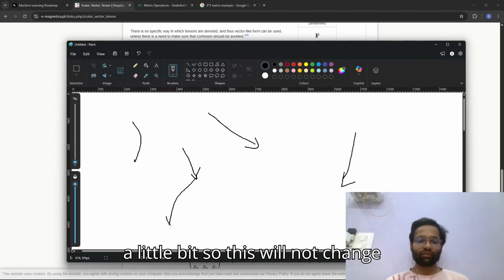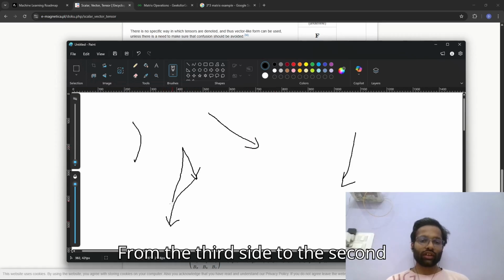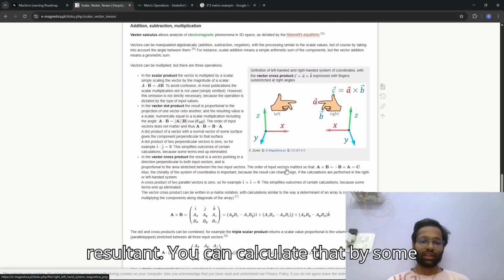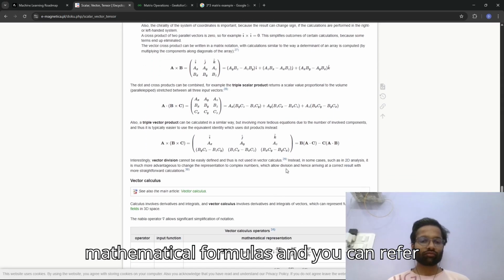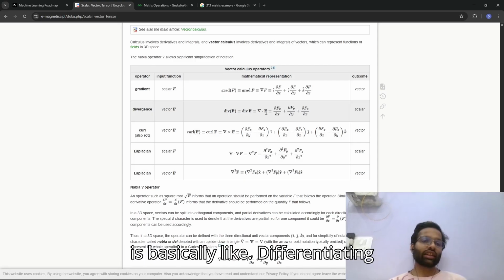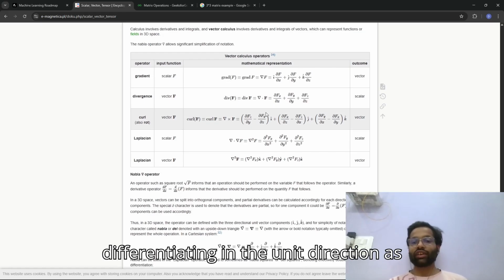This will not change the overall result and magnitude. So the final one would be from the third side to the second side here. So this will be the resultant. You can calculate that by some mathematical formulas and you can refer to them as well. Vector addition. Divergence is basically differentiating a vector. Gradient is like differentiating in the unit direction as well.